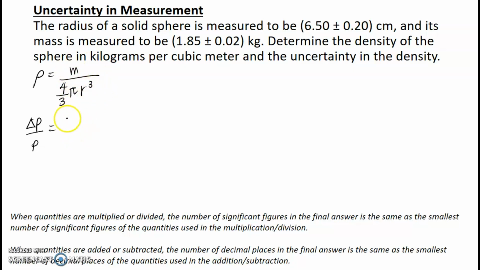The first one will be the fractional error due to the mass, and then we're going to add the fractional error due to the radius. Radius is to the power of 3, meaning that r multiplied with r multiplied with r, and because of that, the fractional error due to the radius will be written 3 times. We can simplify this by multiplying delta r over r by 3.